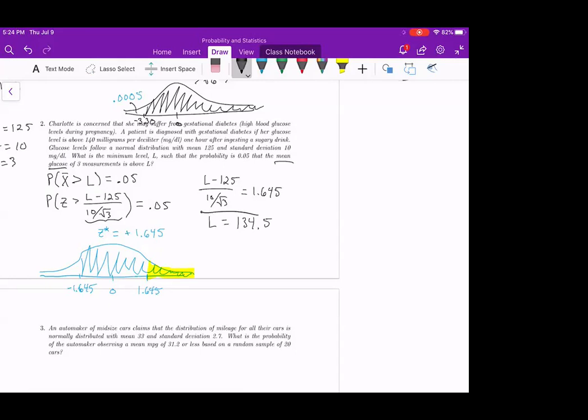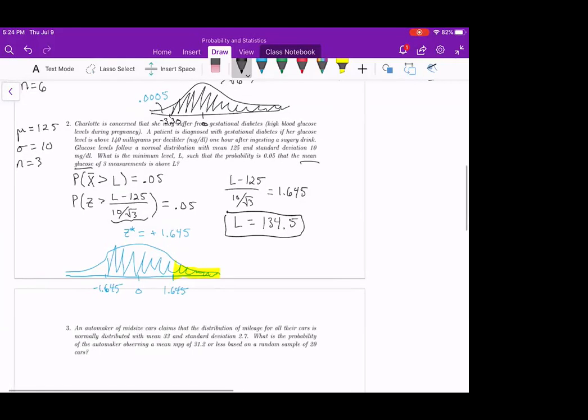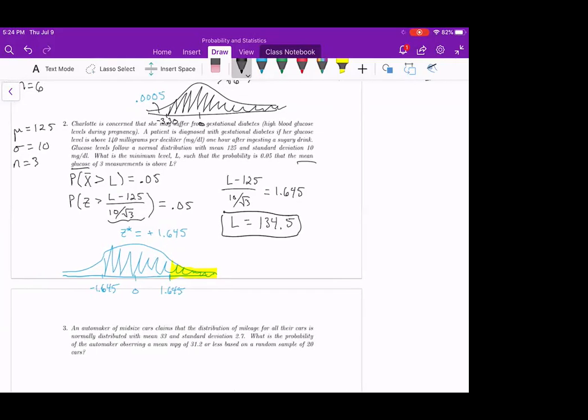That's rounded a little bit, but it's close. $134.5.